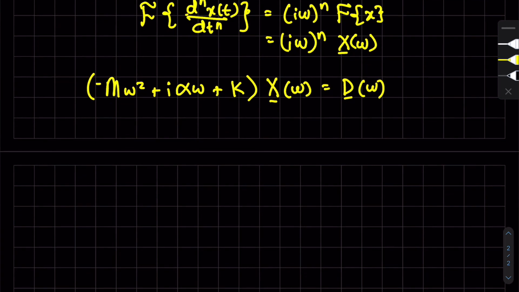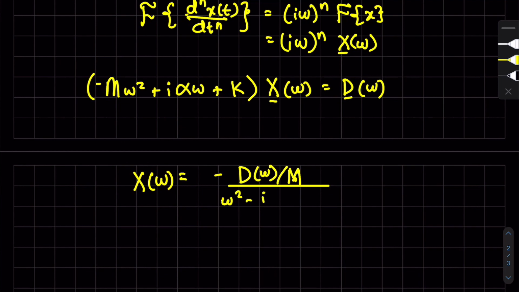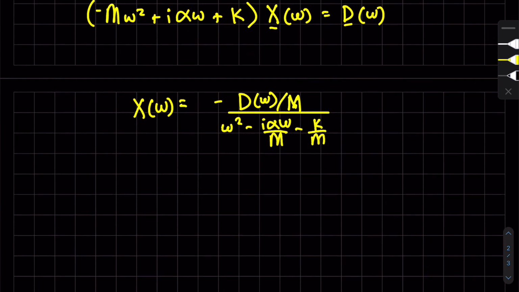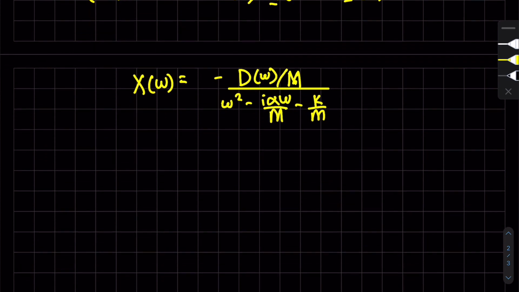So we can just rearrange things a little bit to get X of omega equals minus D of omega over capital M divided by omega squared minus i alpha omega over capital M minus k over m, which we can sort of find the roots of. But more importantly than that, I'm going to put this directly inside the inversion integral.